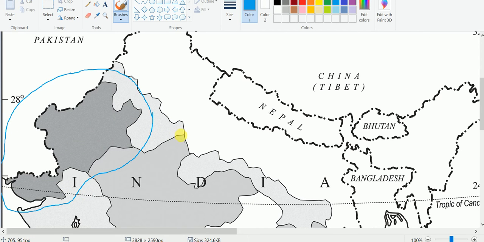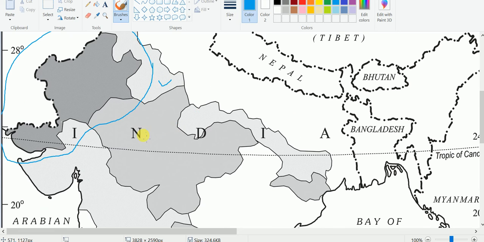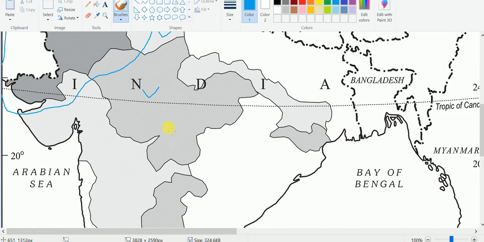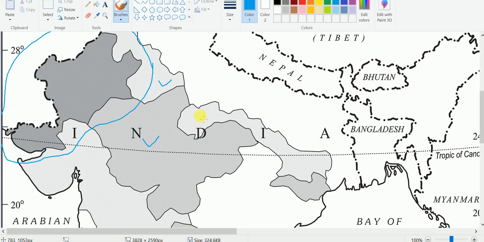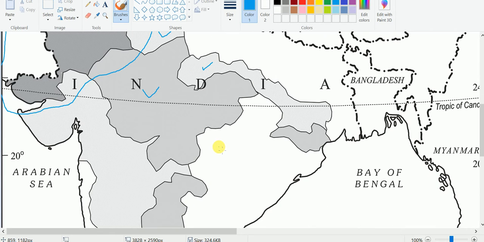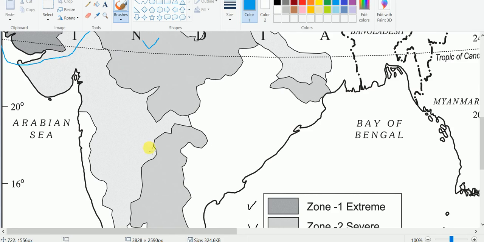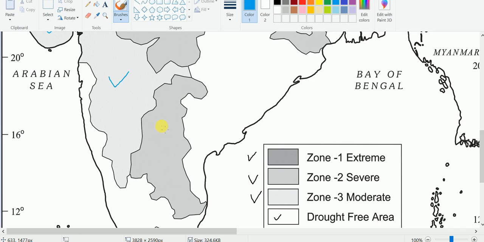The northern part of Rajasthan, Madhya Pradesh, the southern part of Uttar Pradesh, and large tracts of Maharashtra and Gujarat all have moderate drought conditions.